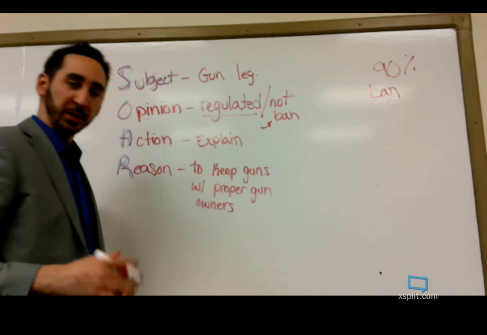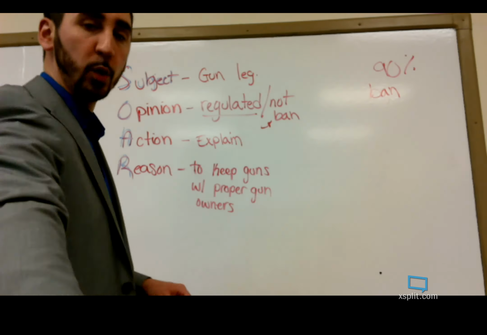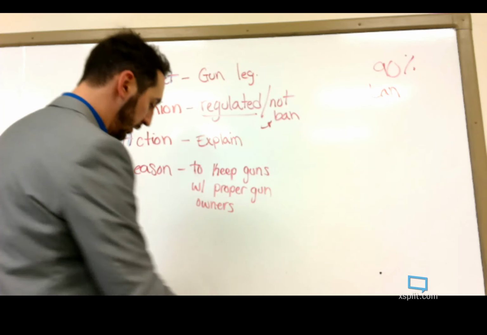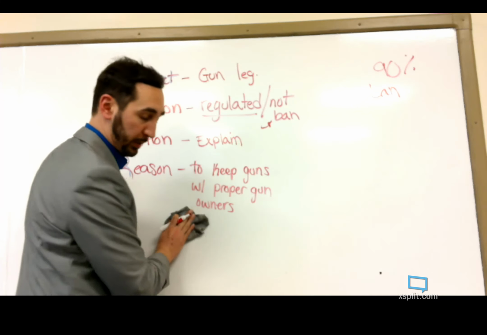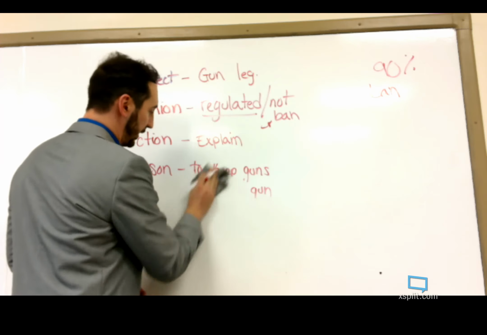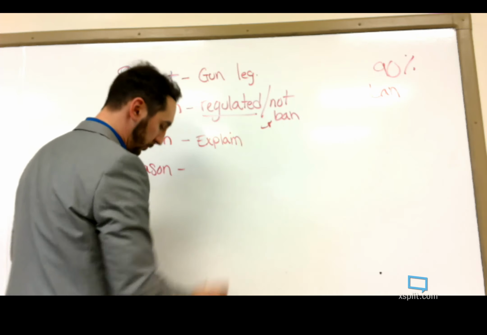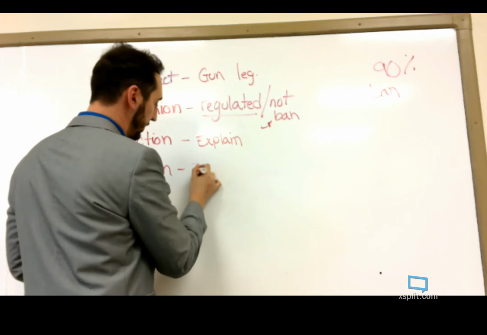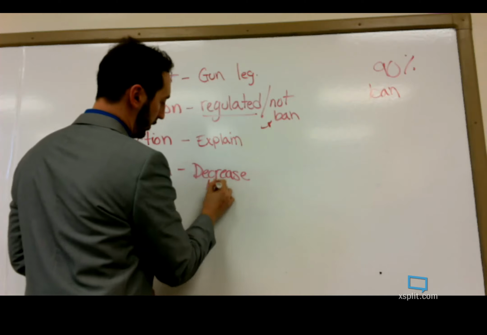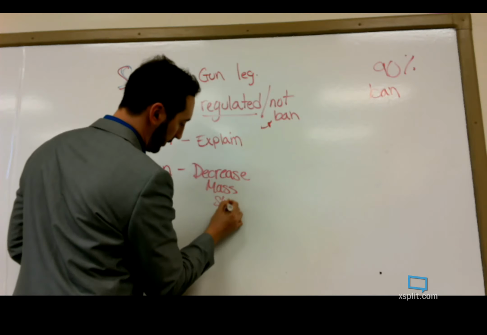And as a matter of fact, I go a step further. What does that do? Why are we just keeping them with gun owners? What is your big goal here? Well, your big goal by taking them and giving them just to proper gun owners, and of course criminals, is that hopefully you'll decrease mass shootings.